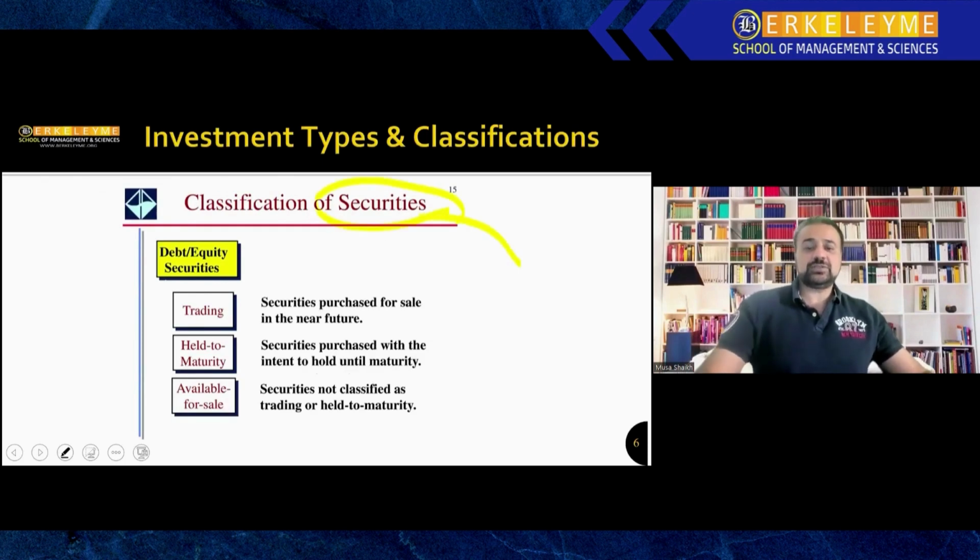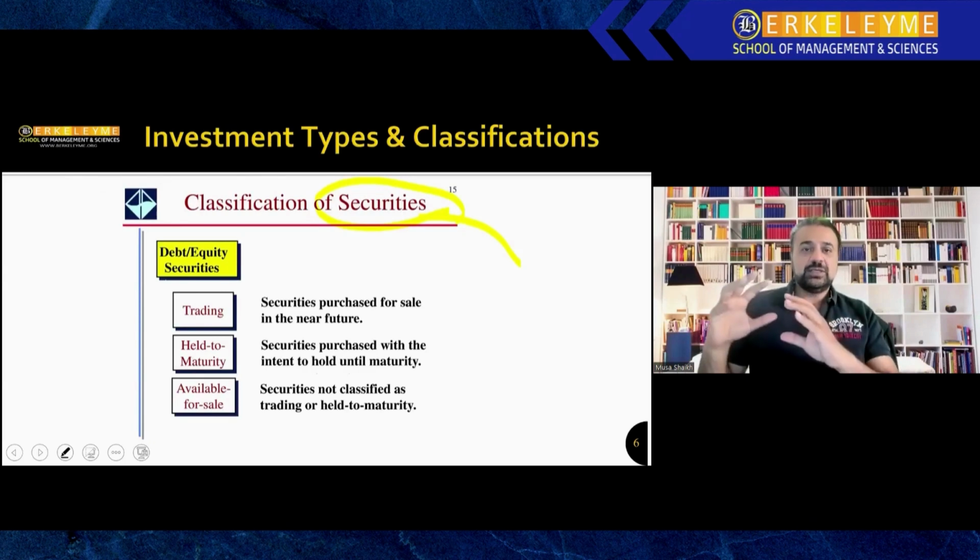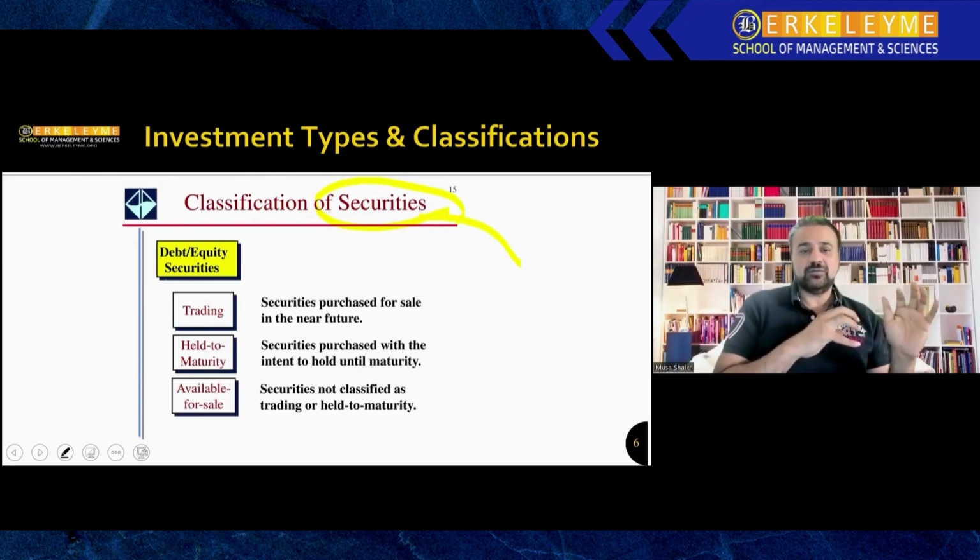What is security? Security is a big word. Wherever security is written, it means a lot of things are included. For example, your share, preference share, ordinary share, any kind of financial instrument will be taken as a security.